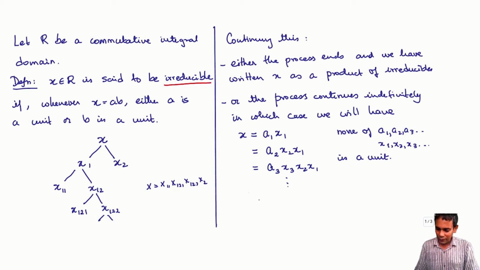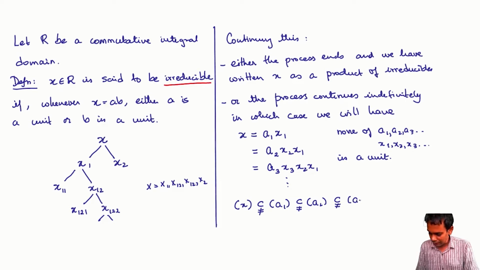Okay, now let's look at the ideals generated by these elements. So we have the ideal generated by x, and that is certainly contained in the ideal generated by a1, right? And cannot be equal because x1 is also not a unit. So this is a strictly larger ideal, and this is contained in the ideal generated by a2, and this is contained in the ideal generated by a3, and so on.